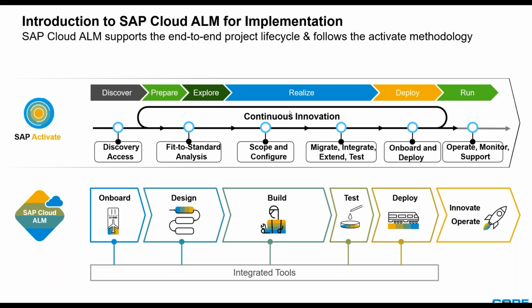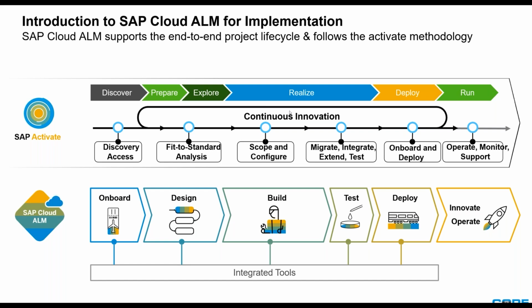and then the rest of the processes, primarily testing and then going into deploying and operations. The way Cloud ALM fits into this Activate methodology is, once you onboard the team into Cloud ALM, it will offer you some out-of-the-box processes, or best practices, in order for you to be able to run those fit-to-standard workshops, and also start from accelerators rather than building something from scratch.